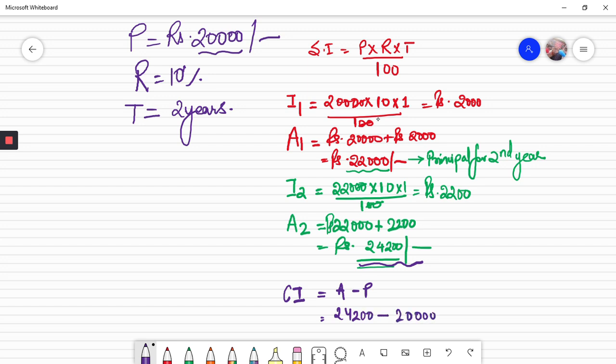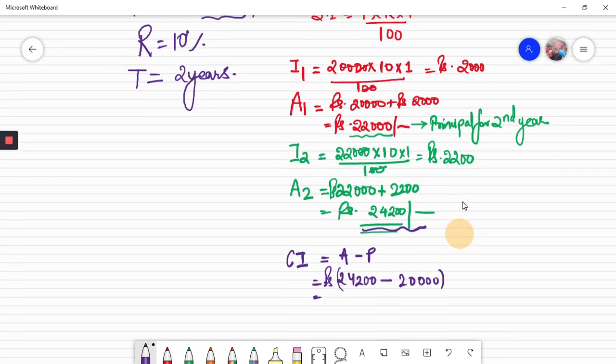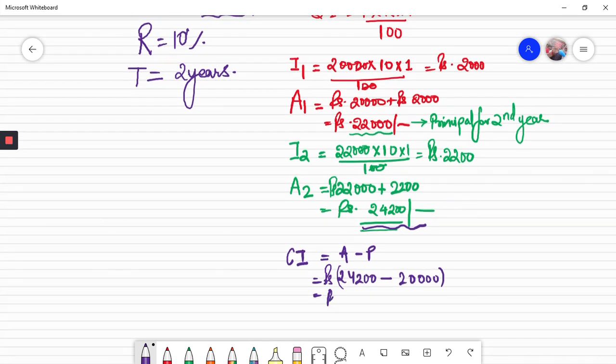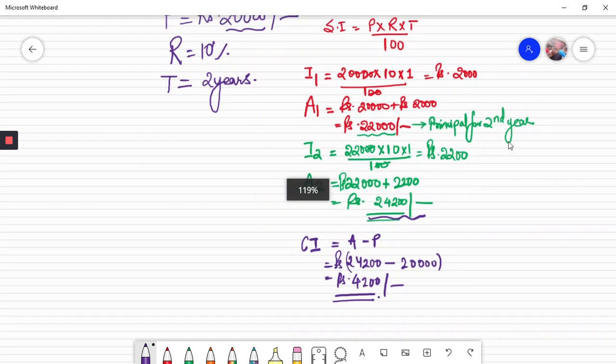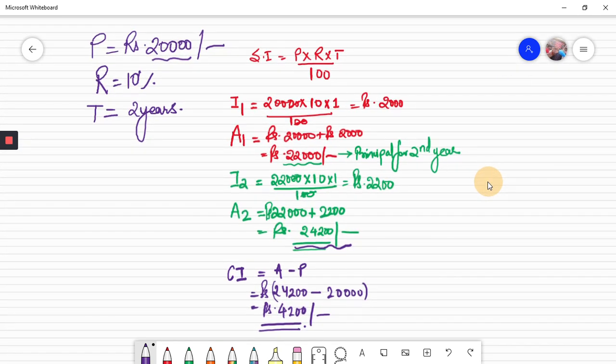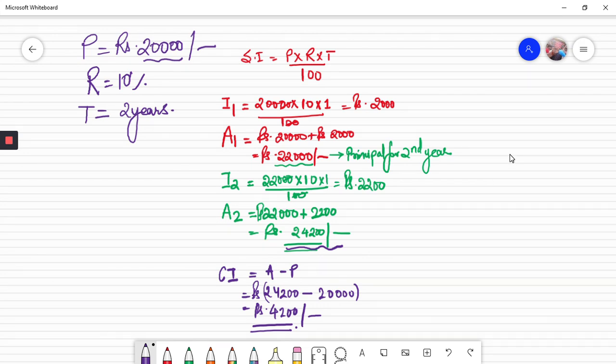But don't forget to mention the rupees unit here. So this will be equal to 4,200. So see, this is a very simple calculation, but things will change when the interest is compounded quarterly or half yearly, which I will be showing in the coming videos.